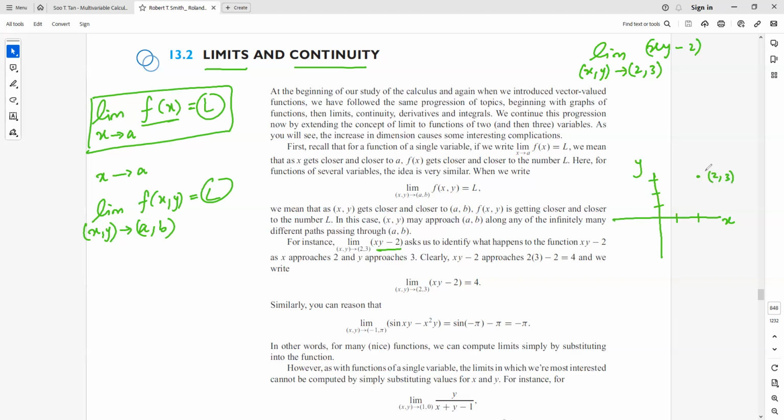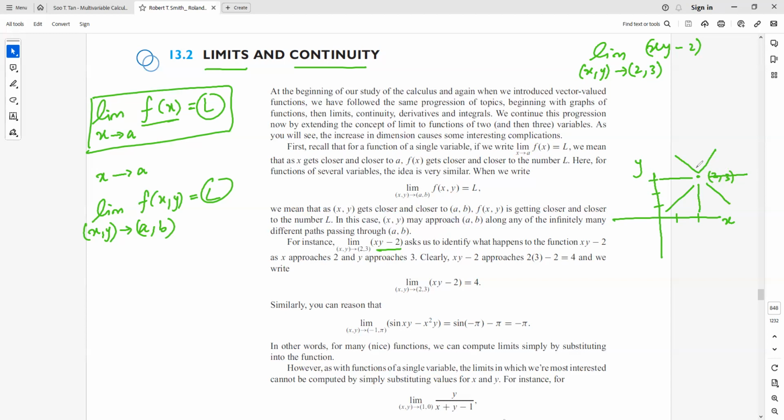Now we can approach this point from various directions. We may approach it from here, from here, from here, and also from this direction, this direction. So there are infinitely many directions, infinitely many paths, to approach this point.